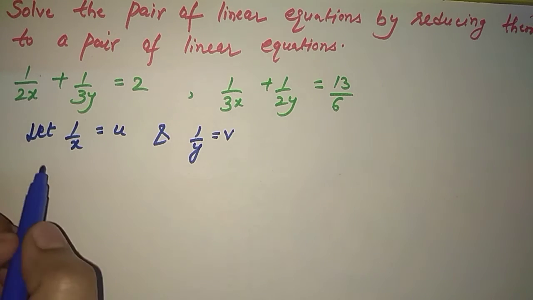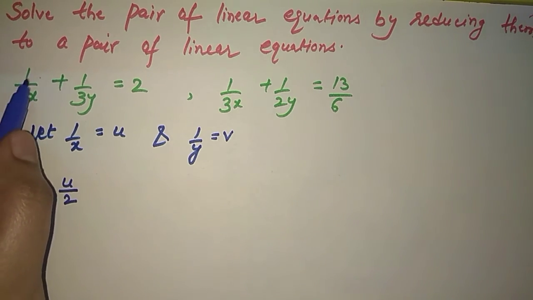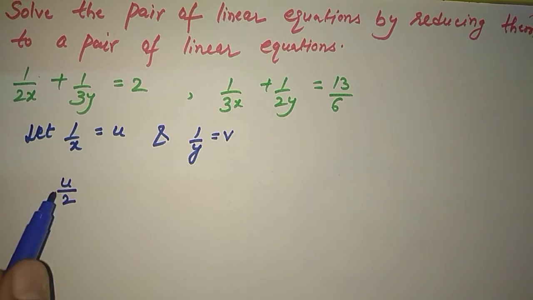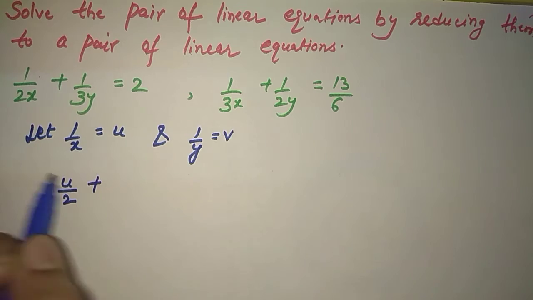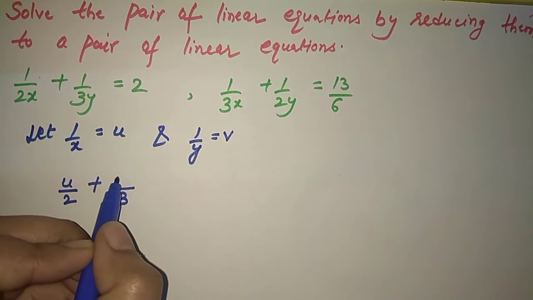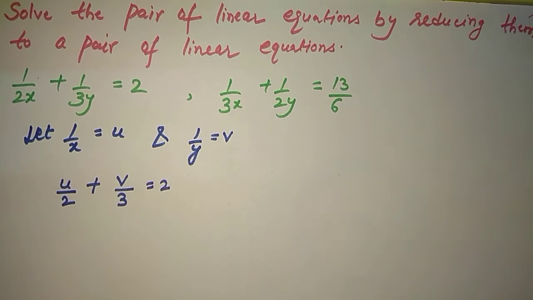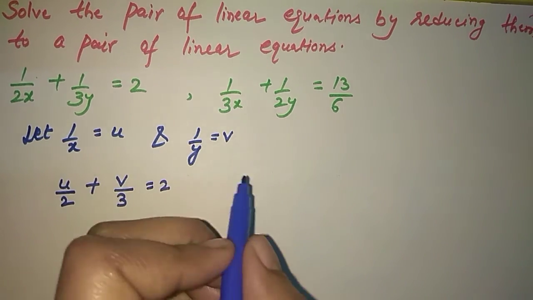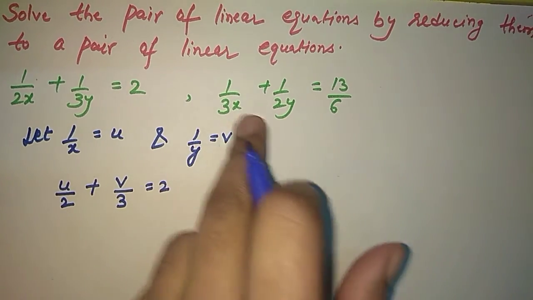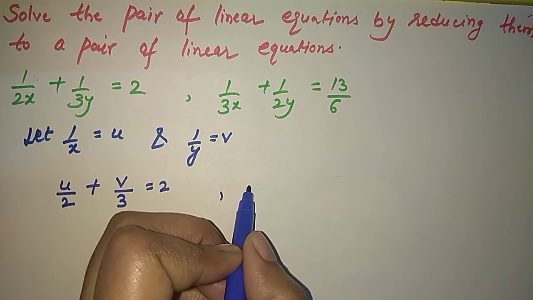So we get u upon 2. 1 upon 2 remains as it is and 1 upon x can be written as u. u upon 2 plus 1 upon 3 remains as it is and 1 upon y can be written as v, is equal to 2. This is our first equation. On putting this in the second equation, we get 1 upon x as u.